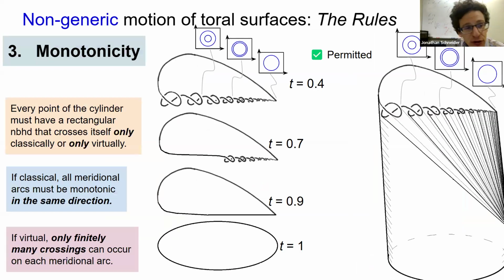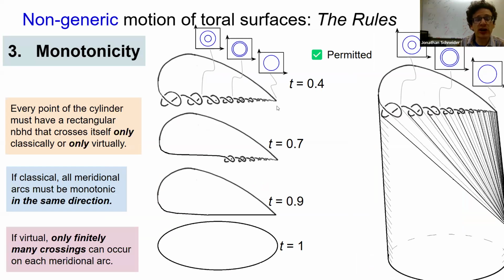There is a third rule, monotonicity, about what these fiberwise isotopies are allowed to look like, or I guess what I should say, how they can look. And this time, I'm not even going to bother starting from the beginning here.